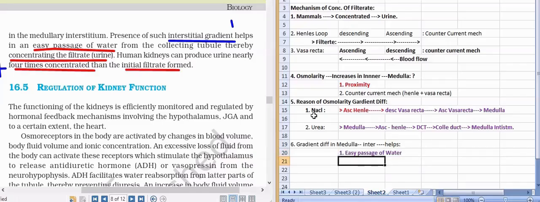Second, concentrating of the filtrate, that's nothing but using.